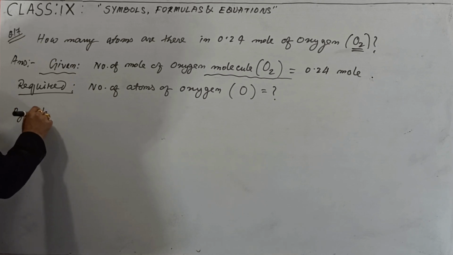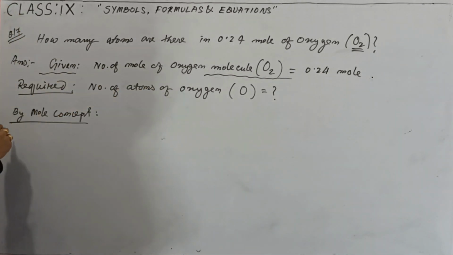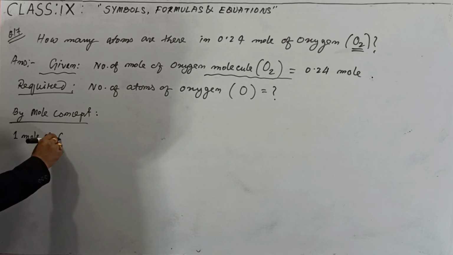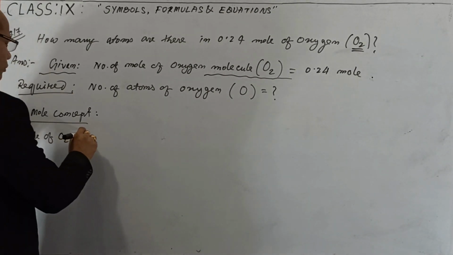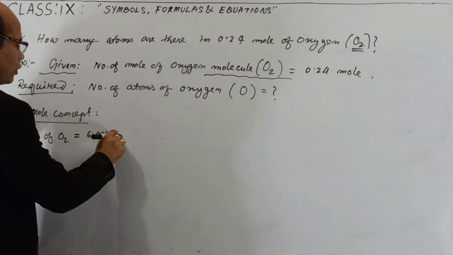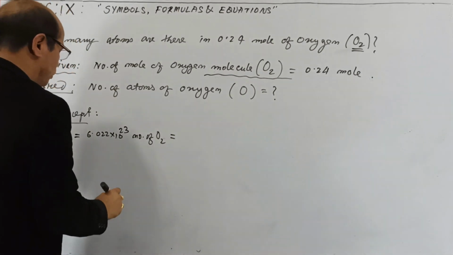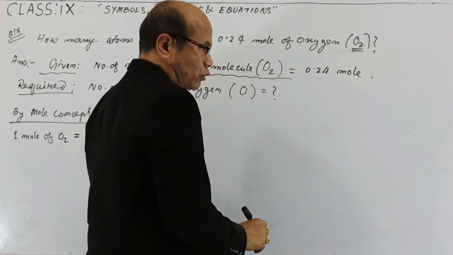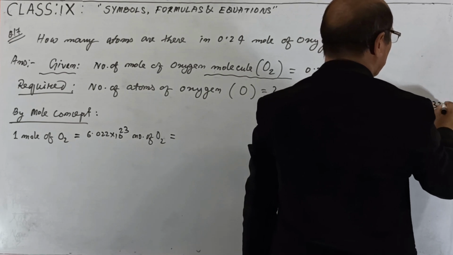By mole concept, this time let us write all 4 parts. 1 mole of O2, O2 means oxygen molecule, is equal to 6.022 into 10 to the power 23 number of O2 molecules, is equal to 32 g of oxygen molecule. Its gram molecular mass is 16 into 2 is equal to 32.